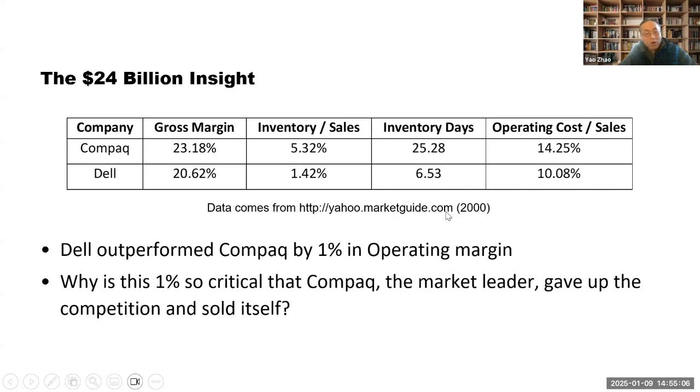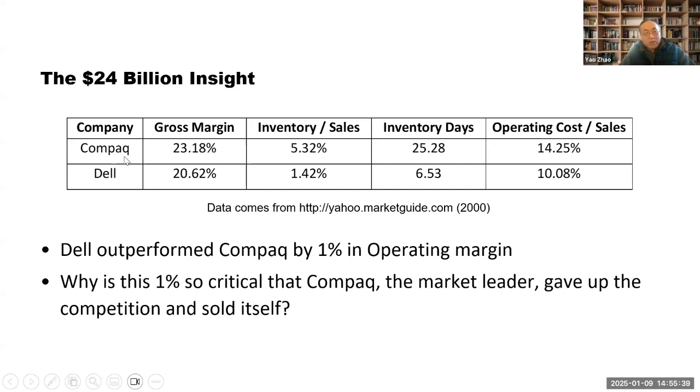So the question is, why did Compaq sell itself? The trick of understanding this data is not to look at it in isolation, but to combine it together. For two companies selling roughly the same product in the same market, having different gross margins really means two things.